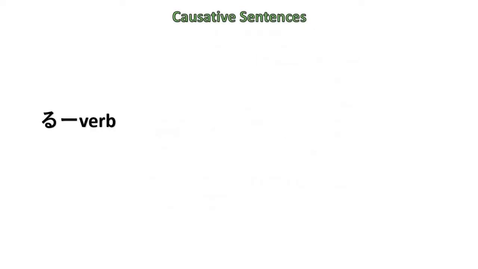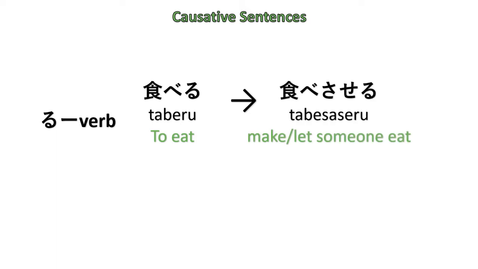Okay, so this is the rule for conjugating dictionary forms into the causative tense. Here we have the ru verb. For example, taberu. So, taberu, we drop ru and add saseru. That's it. Taberu, tabesaseru.